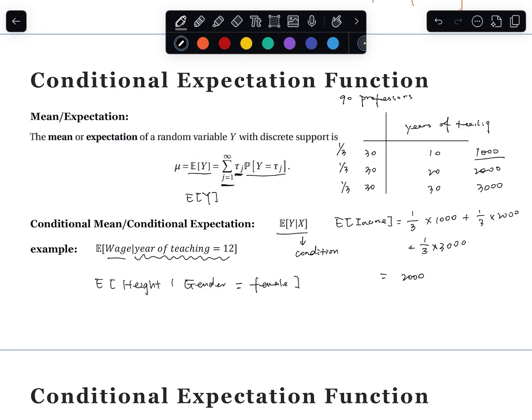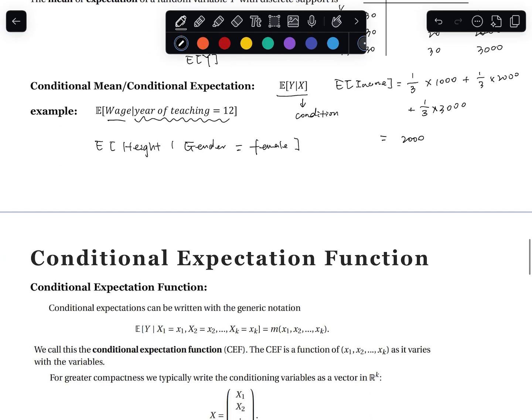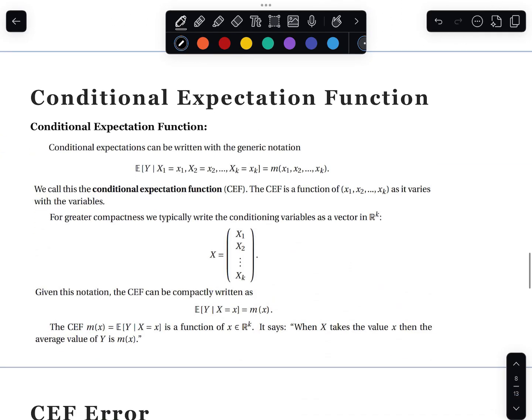And then we can write the equation of the conditional expectation function, denoted as CEF. Here x means a bunch of conditions, like education, so we want to estimate the income of a person whose education is maybe 12 years, and the gender is female or something like this.